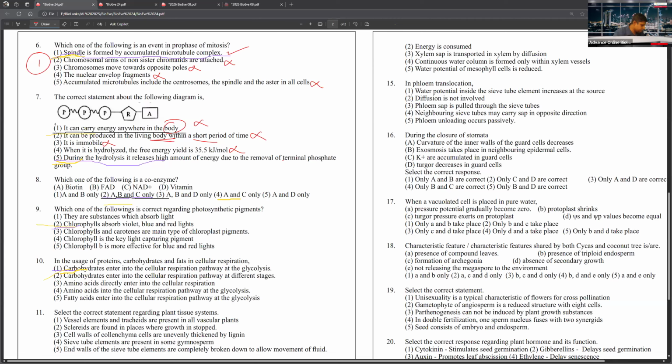We'll accept it as a best answer. But if you carefully check, the resource book says it like this. It says hydrolysis along with water. Most biological reactions use energy released during the breakdown of the terminal phosphate bond.